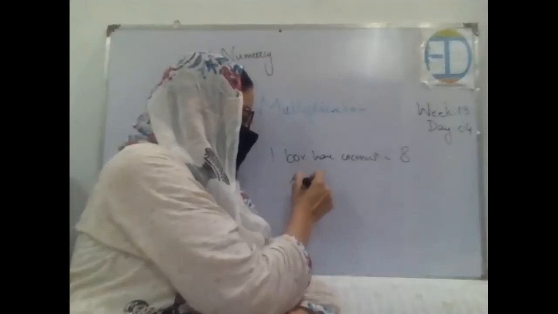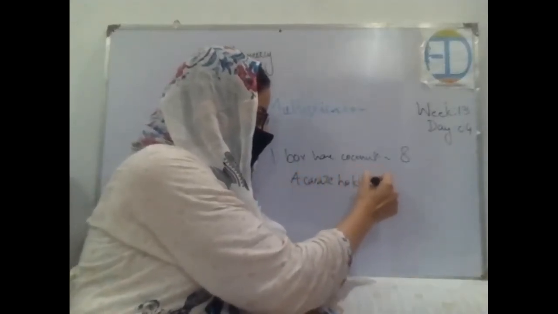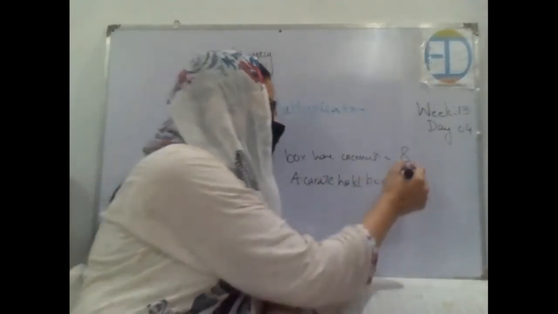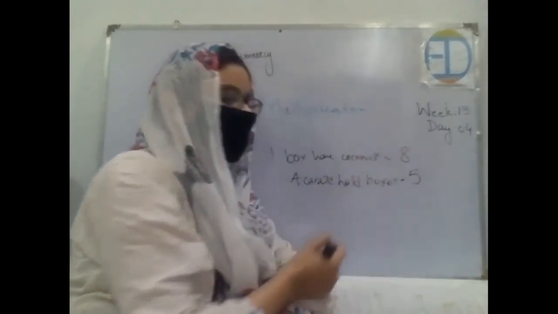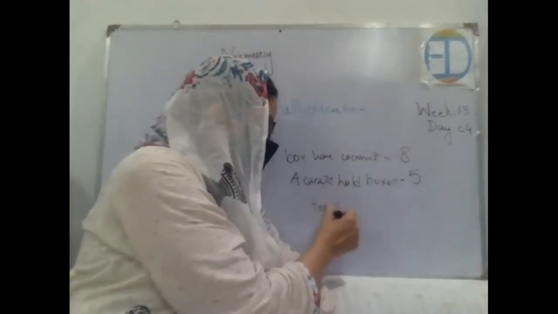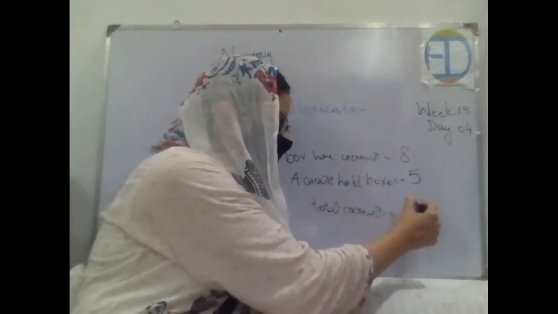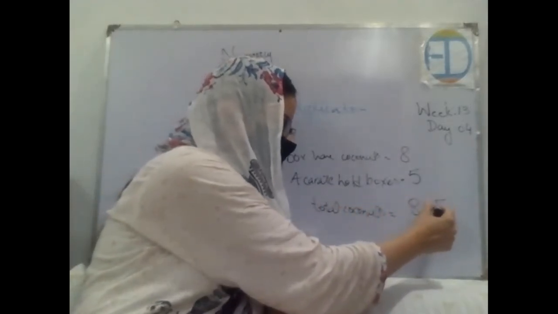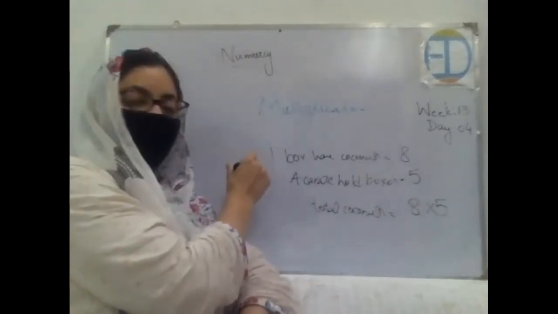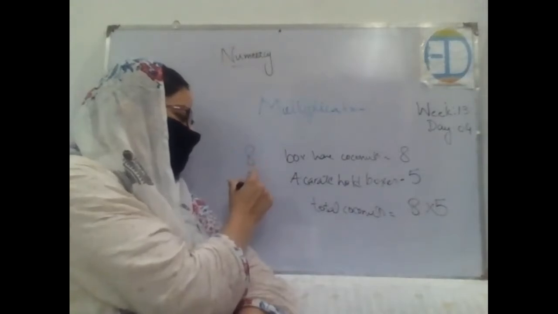A crate holds how many boxes? 5. So in order to find the total coconuts, we will multiply 8 with 5. The first step would be that we write them in vertical order, right? So 8 cross 5.